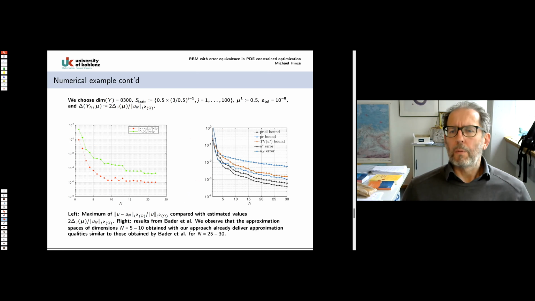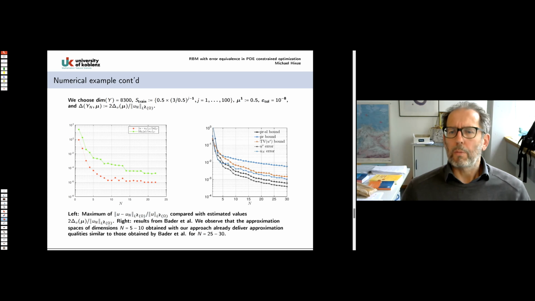Then you have a slack method where you replace inequalities in your control problem with the slack variable by equalities, and you have a classical error estimation approach for variational inequalities, which you apply here. Then you get this cost line here for this slack error, and the blue line for the classical error.